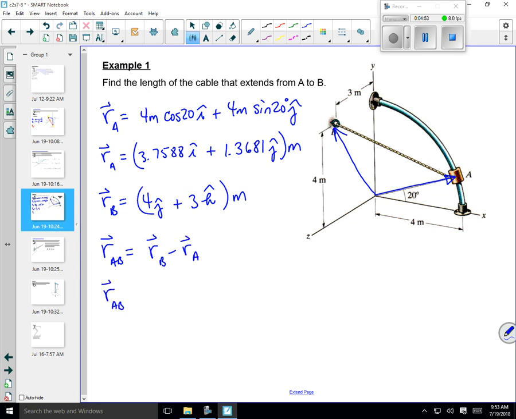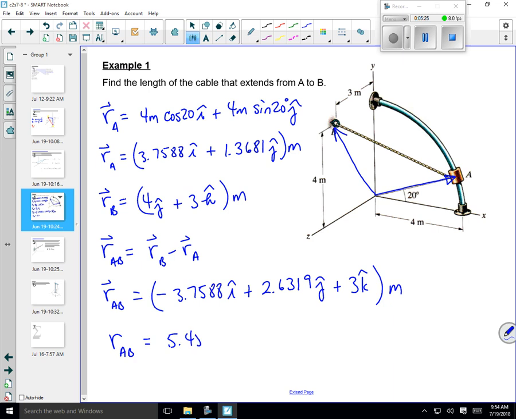Plugging all my numbers in, what I get is minus 3.7588 i hat plus 2.6319 j hat plus 3k hat. All of that's meters. Then I find the magnitude by squaring each component, adding them all together, and taking the square root. I get 5.48 meters. So that's the length of the cable that I need to go from A to B.